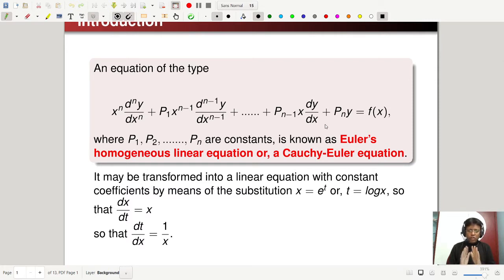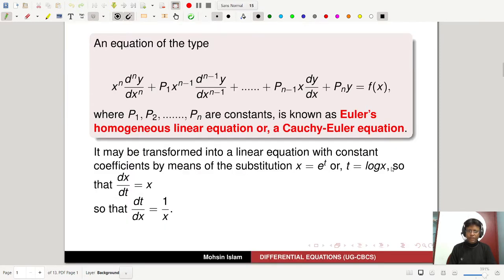You see, you have x to the power n, so you have the nth order derivative. You have x to the power n minus 1, so the n minus 1th order derivative. You have x, so the first order derivative. This type is known as Euler's homogeneous linear equation or the Cauchy-Euler equation. It's a very famous equation.